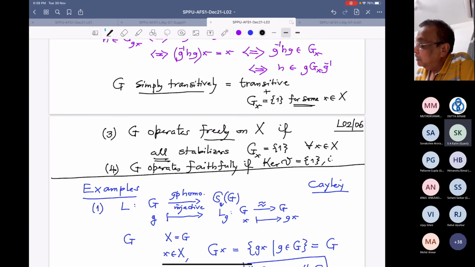That is, the action homomorphism theta, from G to S of X, is injective.